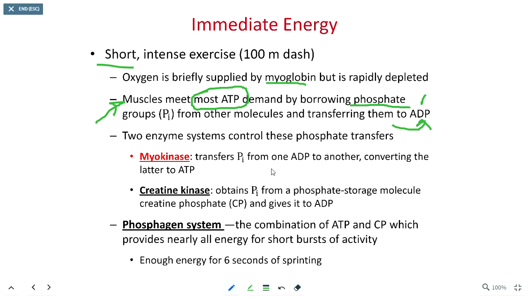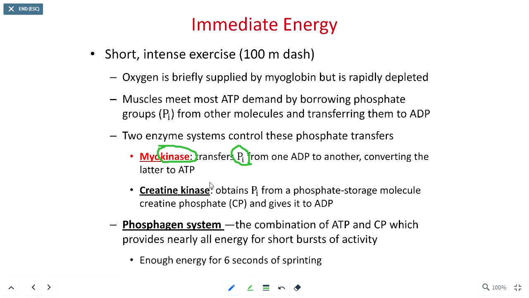Two of the enzymes that are responsible for these phosphate transfers are myokinase, myo meaning muscle. Kinase is a generic name that refers to an enzyme that moves phosphate groups around.